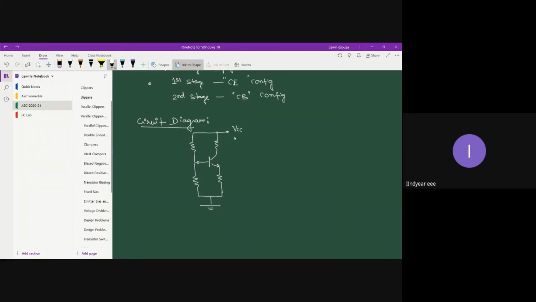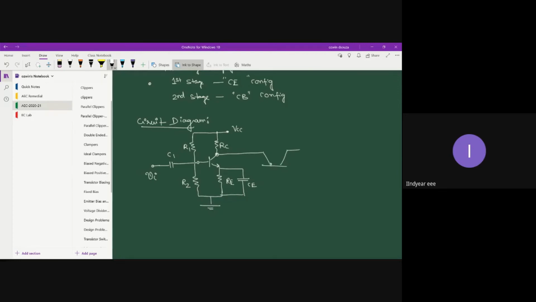This is your power supply voltage VCC. Input Vi. Okay. Now the output of the first stage is given to the second stage, and the second stage will be a common base configuration.